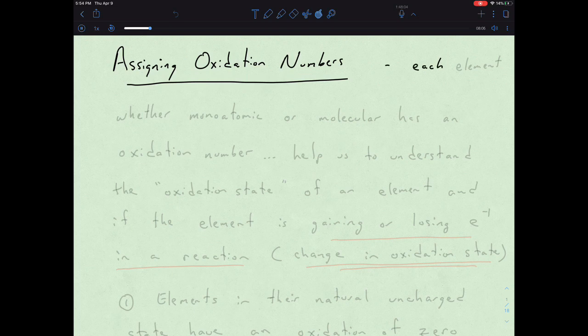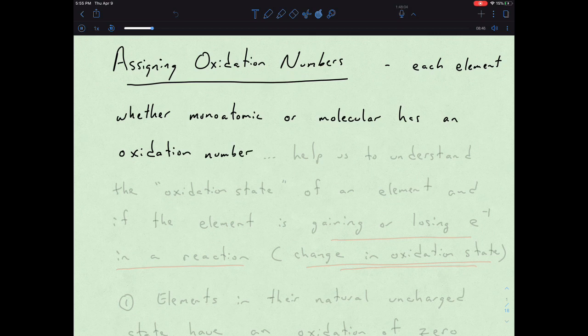And so each element, whether that element is monoatomic or molecular, basically has an oxidation number.